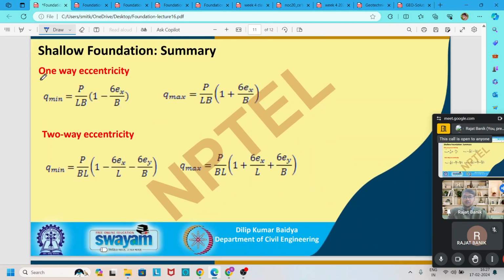Then we also find out the maximum pressure generated below the foundation, or we can say the stress below the foundation, due to direct stress and due to bending stress.